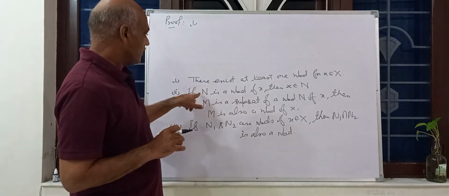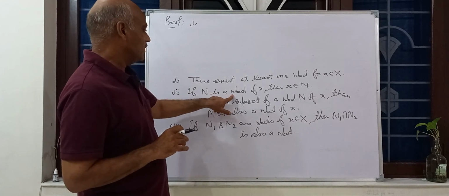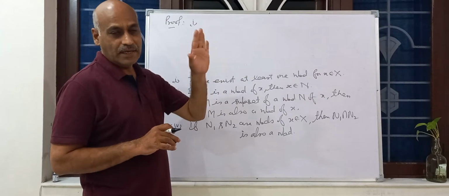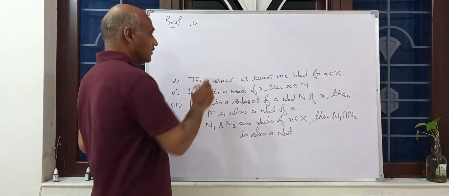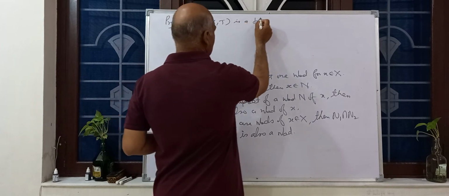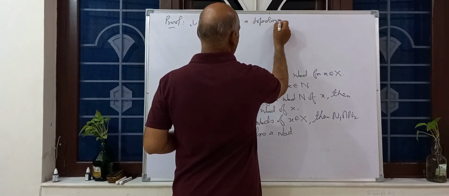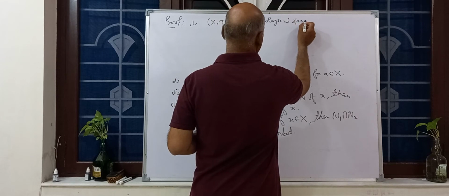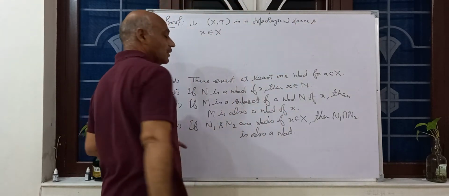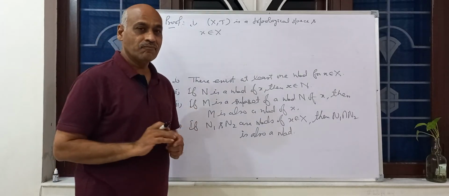First, there exists at least one neighborhood of x. (X, T) is a topological space. What is given? (X, T) is a topological space and x belongs to X is arbitrary.